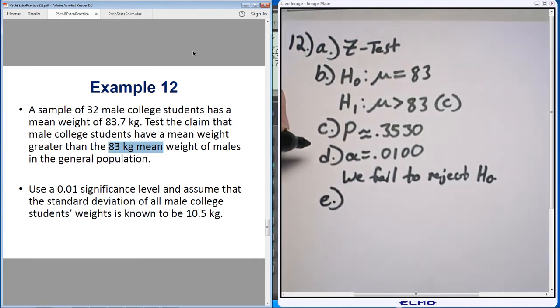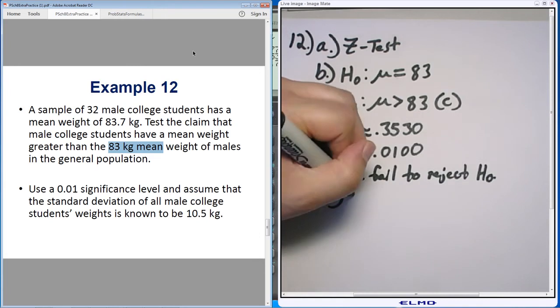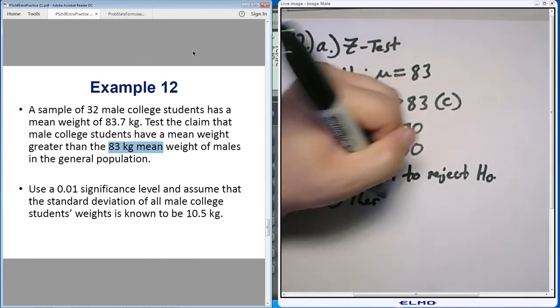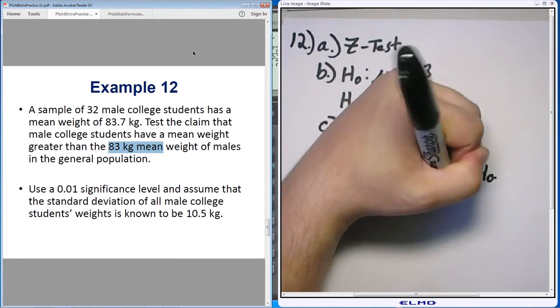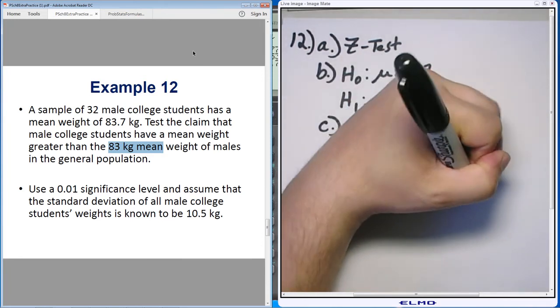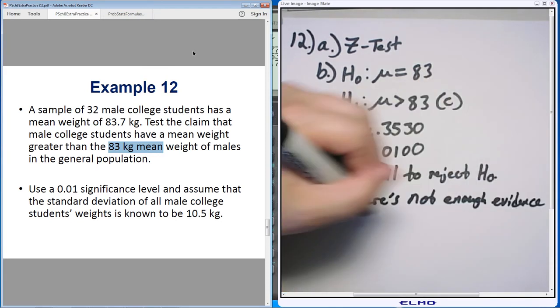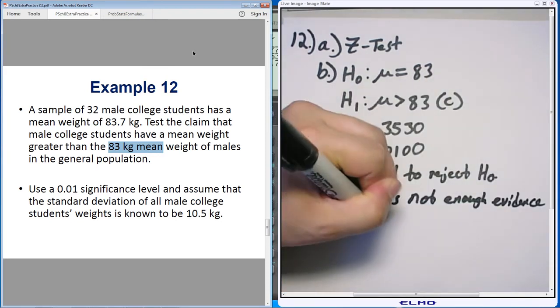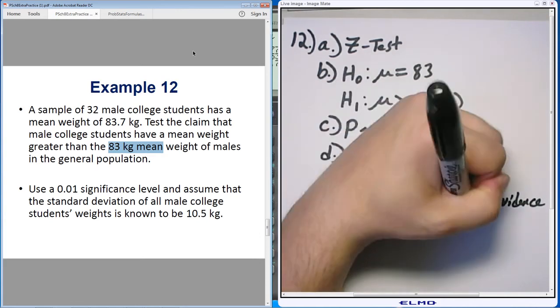Now let's write the conclusion, put it back into context. We failed to reject, so there's not enough evidence to support the claim, because H sub 1 is the claim.